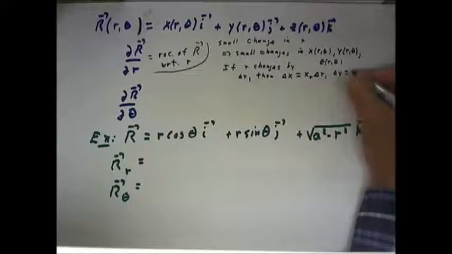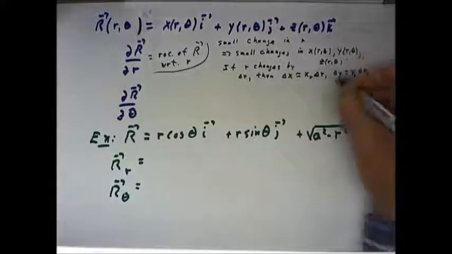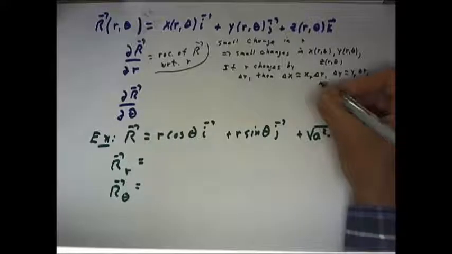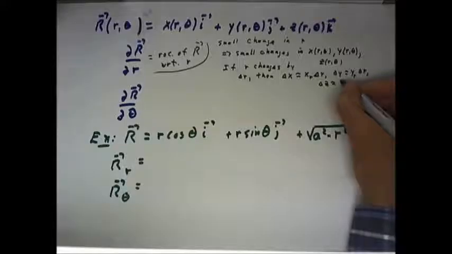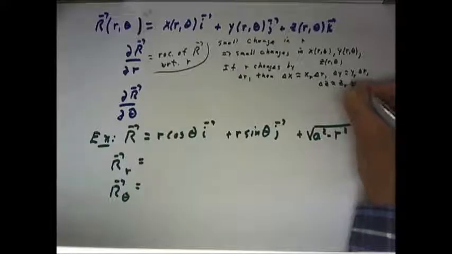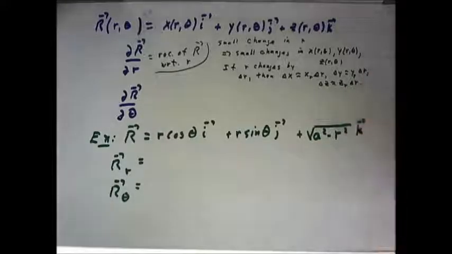Delta y is approximately equal to the r derivative of y times delta r. And the change in z is approximately equal to the r derivative of z times delta r.